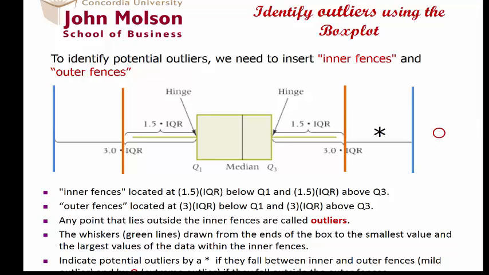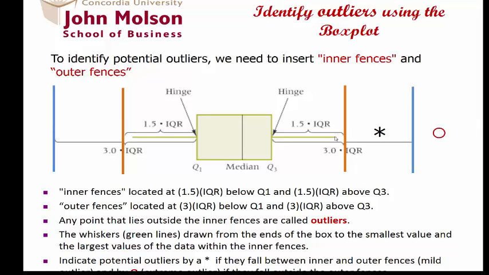Now, something will change in my representation because the whisker is attached to Q3, the side of the box, but it will end at the last observation that is within the inner fence. It will not stretch all the way to the extreme value. No, it will stop at the last value that is within the inner fence.